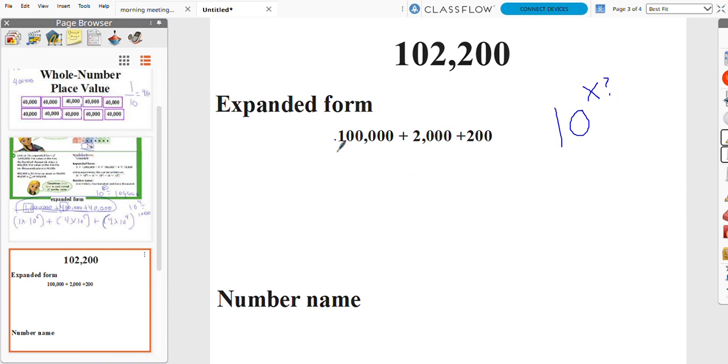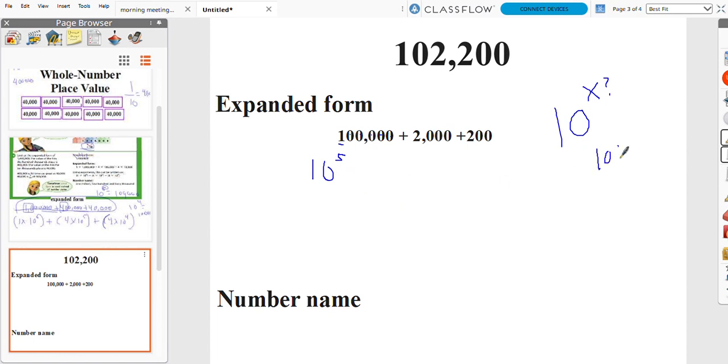So what would be 100,000 as an exponent with a base 10? Well, if we think about it, wouldn't it be 10? So there's my 10. How many zeros? 1, 2, 3, 4, 5. 10 to the 5th. You can practice that. Rewrite 10 to the 5th if you have to.